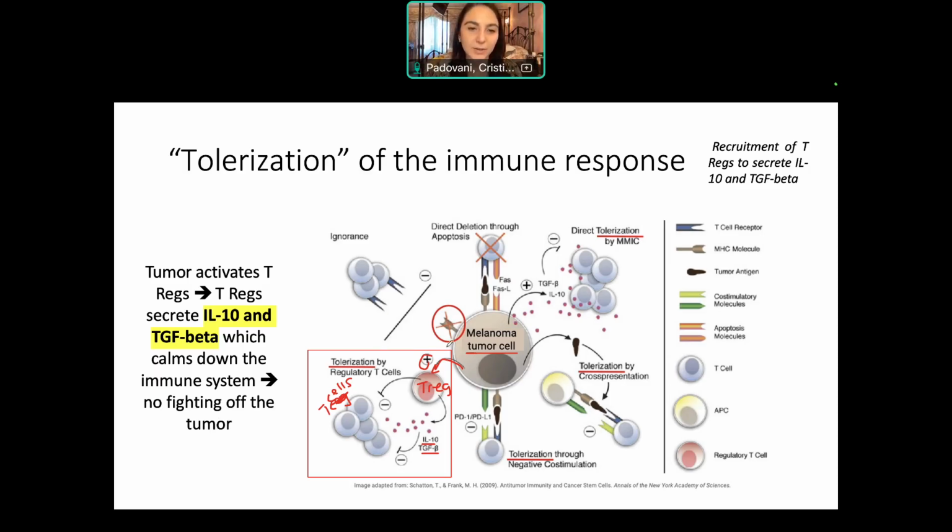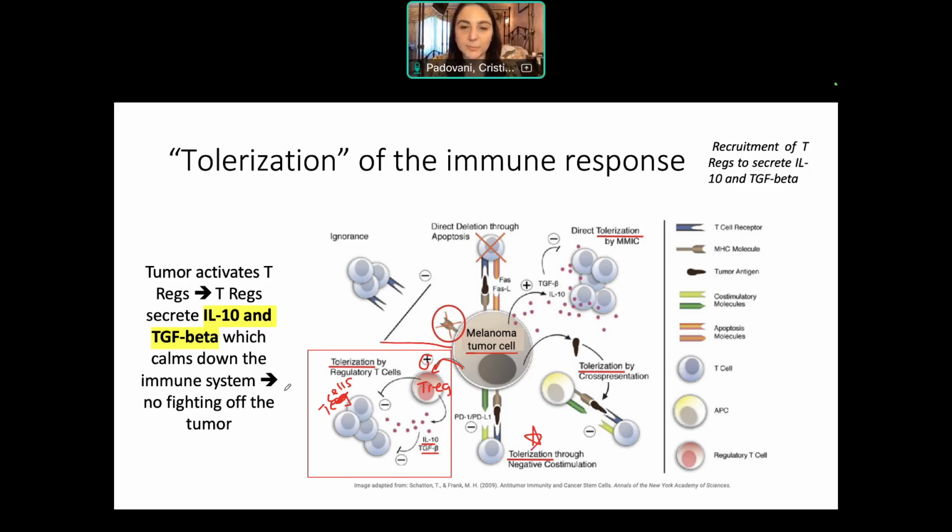This whole picture is showing a tumor microenvironment. These are all the things that tumor cells can do to make themselves live in a nice little bubble, hiding from the immune system, which I didn't talk about all of. But one of the main things it does is this idea of tolerization.